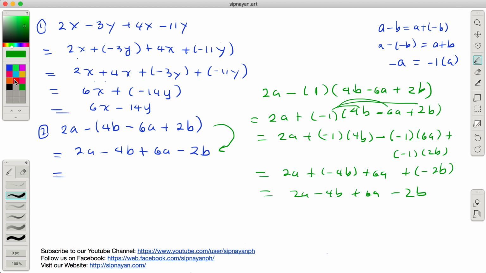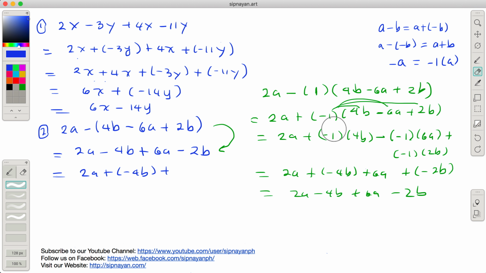No? Now, again, we have a subtraction, so we can still use this property. Gawin muna natin siyang plus lahat, so 2a plus negative 4b. Then plus 6a, actually ito na yun. Kasi binalik lang natin para makita natin yung pagkakapareho nila, di ba? So ano to?